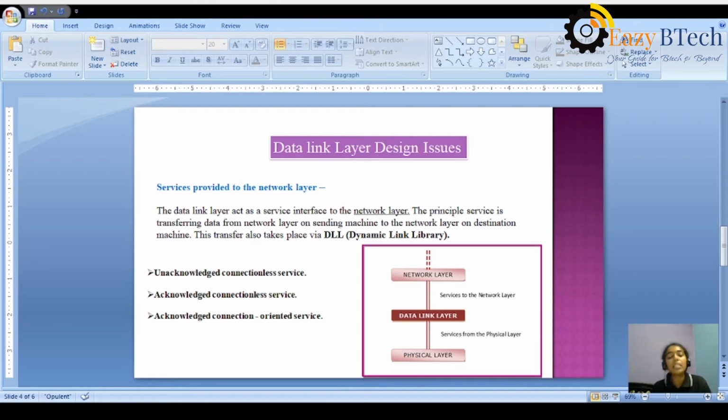The principal service is transferring data from the network layer on the sending machine to the network layer on the destination machine. What services will be given to the network layer, and what services from the network layer will be given to the physical layer?